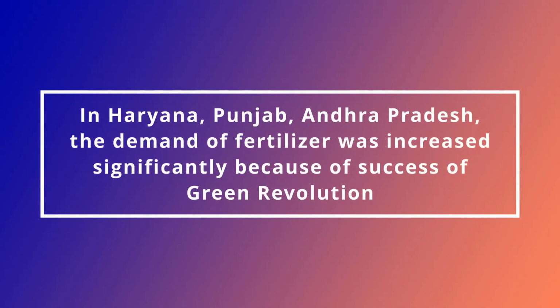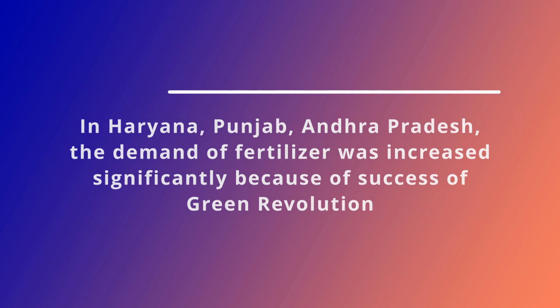Now, if we disaggregate the application of fertilizer across the states, we can see that in the case of Haryana, Punjab, and Andhra Pradesh, they are using a lot of fertilizer and the demand for fertilizer is quite high in these regions. That implies the agricultural sector is working successfully there, and especially the green revolution is very successful in these regions.